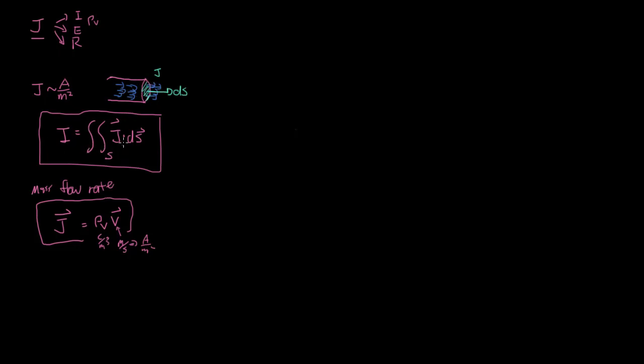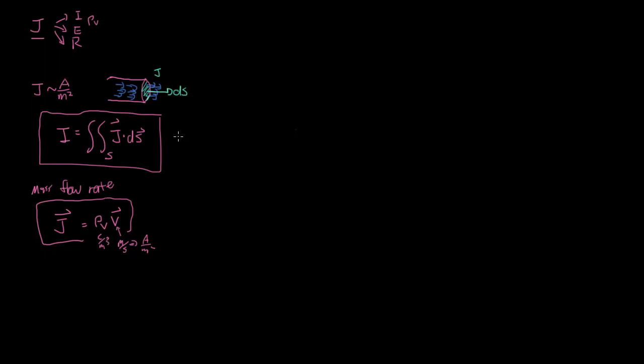Another way to view this is if you have a total density of cars, and they're moving at a particular velocity, if you multiply those together, you still get the same concept of the total charge flow rate, amperes, per unit area.